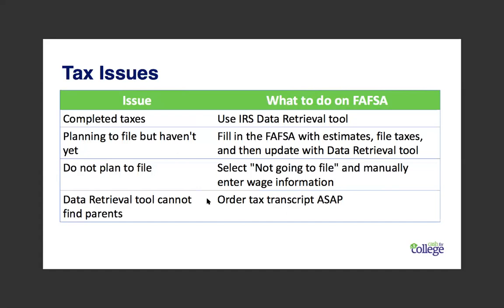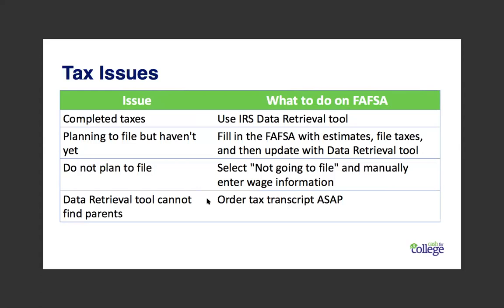It will ask you, have you filed, have you completed your taxes? And you can say, yes, it is completed, will file, or have not filed. And so you can complete it this way with the estimates. And then once the parent does file, you can go back into the FAFSA and update it and use the data retrieval tool.